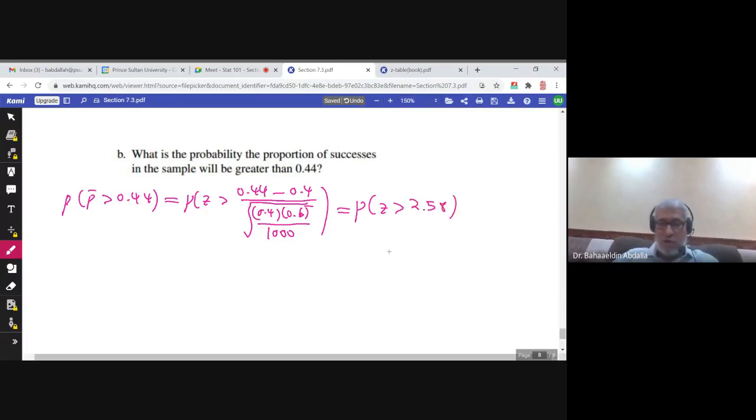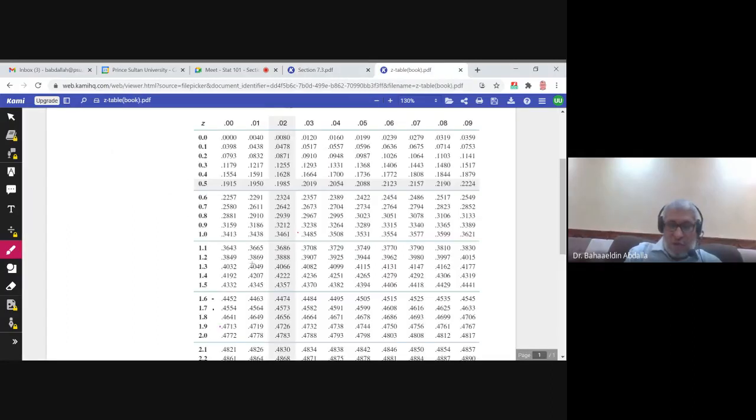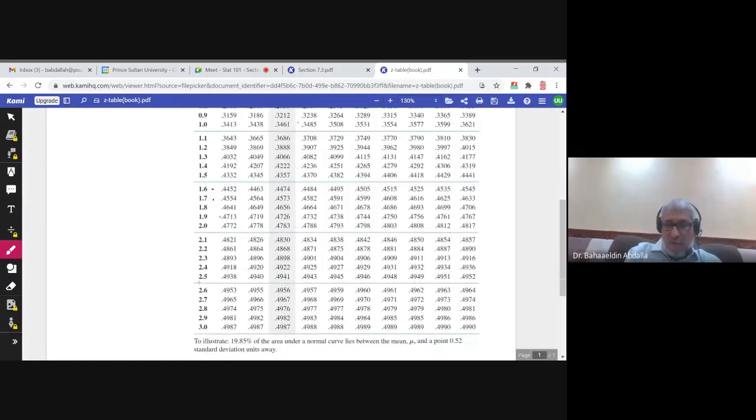So it's 2.58. Notice that 2.58 is a positive number and we need the area to its right, so it would be 0.5 minus this area, and this area you can find from the table. Looking at 2.58, so this is 2.5 and this is 8, so 0.4951.